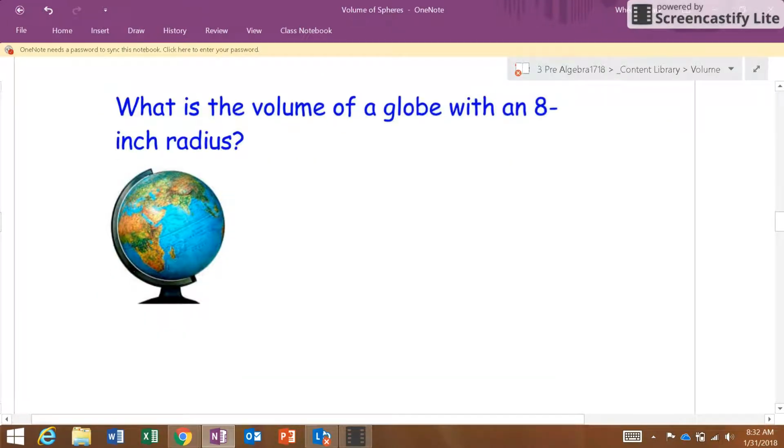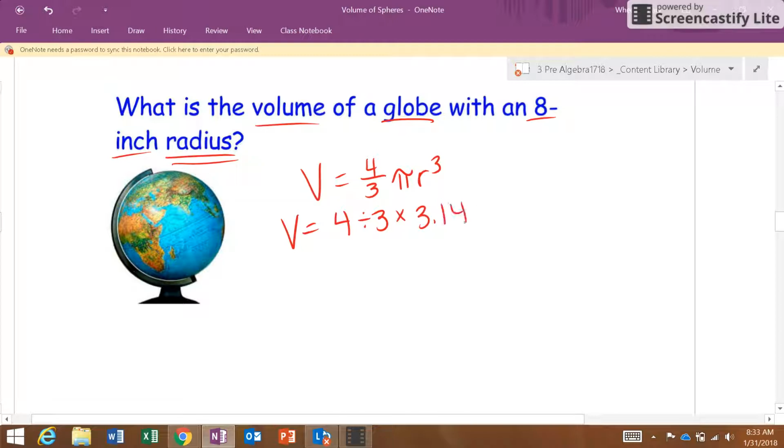All right, we've got a globe with an 8-inch radius, and we're being asked to find volume. So I'm going to start with that formula, 4/3 pi r cubed, and typing that in as 4 divided by 3. Pi will be 3.14, and 8 for radius cubed.